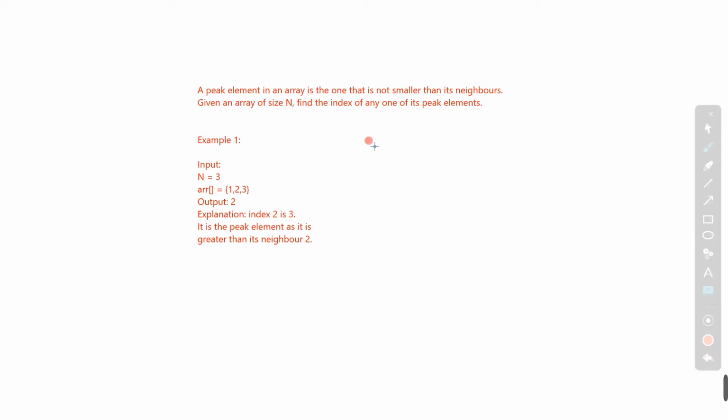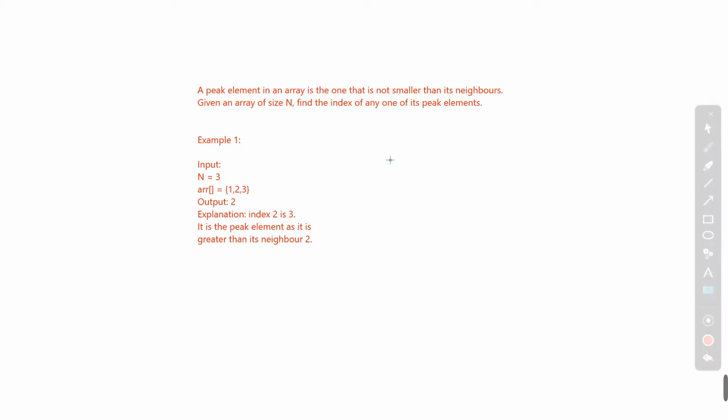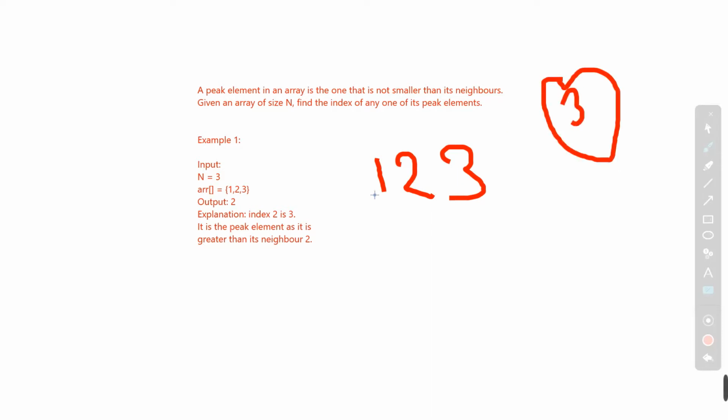Let me help you with the process. Take an example of 1 2 3 only. We are given three elements in our array, and we have to find the element whose neighbor is smaller than it.